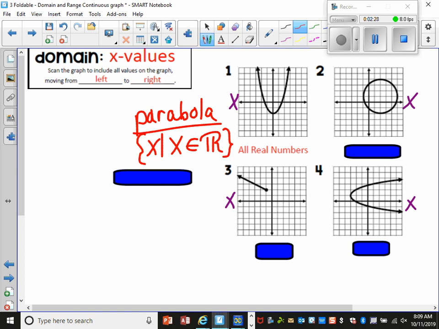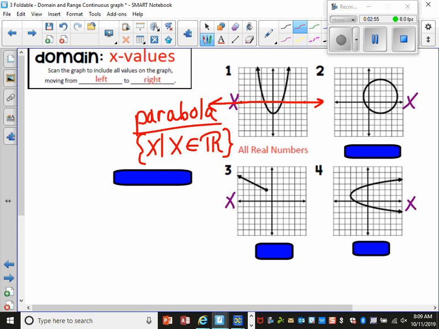If you notice on a parabola, you see the arrows there, it will continue to go up. As it continues to go up, it's going to cover the entire x-axis. It gets wider and wider, and eventually covers the entire x-axis. So we just say all real numbers.